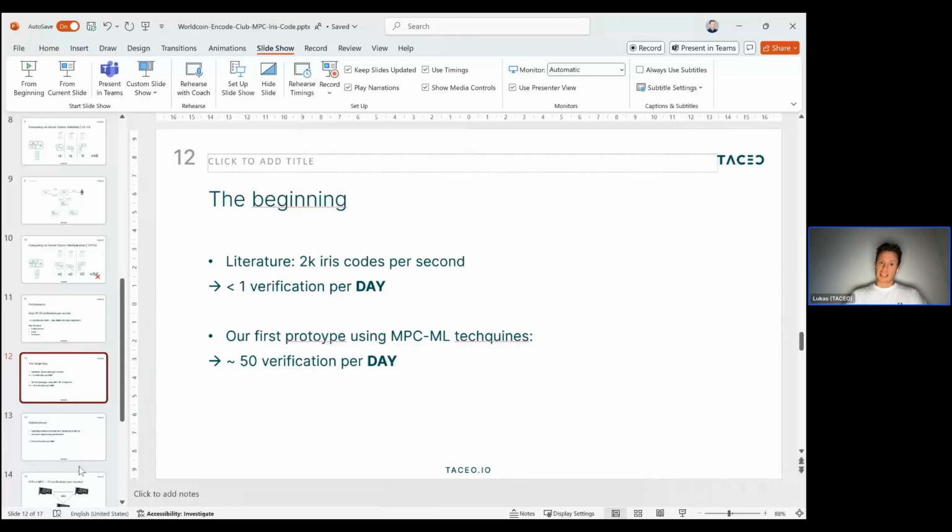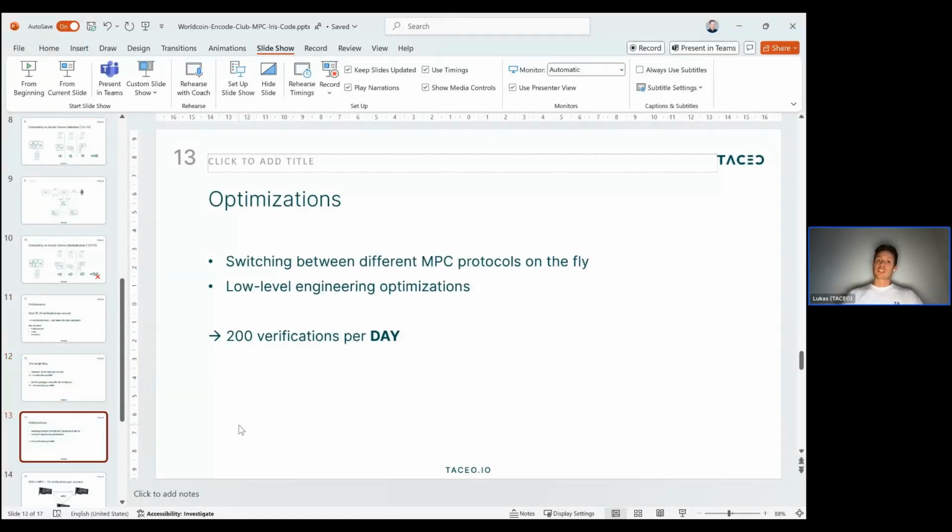But we did. Our first prototype, using techniques inspired by multi-party computation for machine learning, got us to 50 verifications per day, which is still far away from anything practical. We knew we had some room for optimizations, so we started switching between different MPC protocols on the fly.